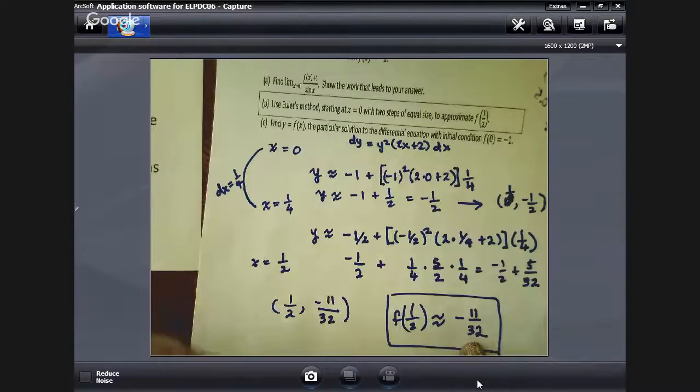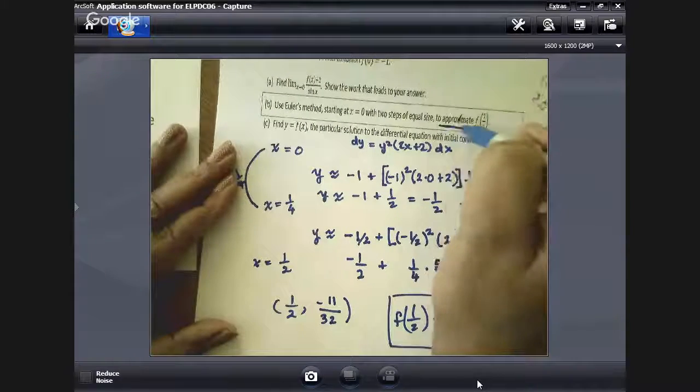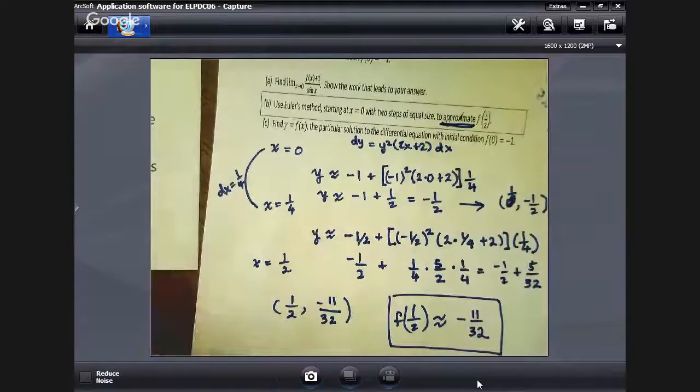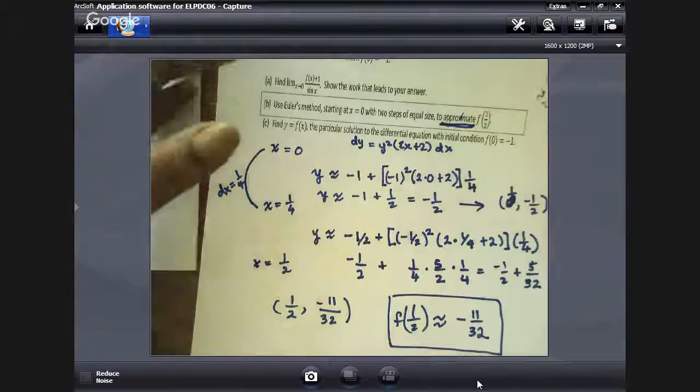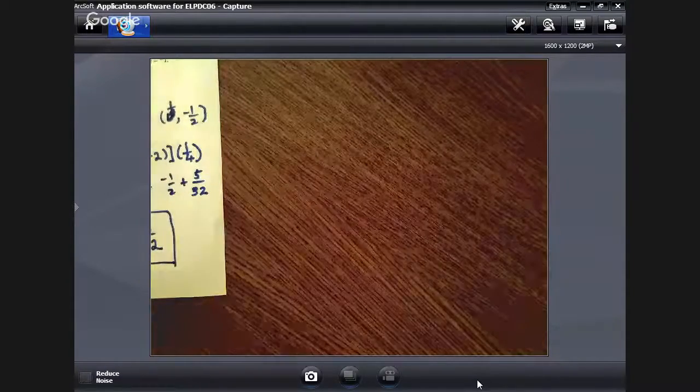This is clearly an approximation. f of 1/2 probably doesn't equal negative 11 over 32. And it's the kind of thing that might risk you losing a point on the AP exam because you used what's essentially bad notation. So that's one example. I'm going to look at a second one.